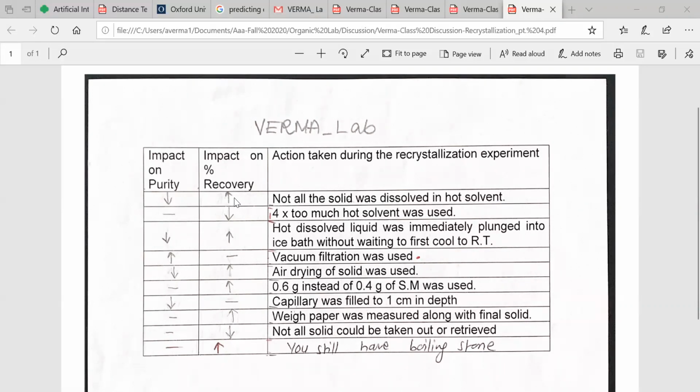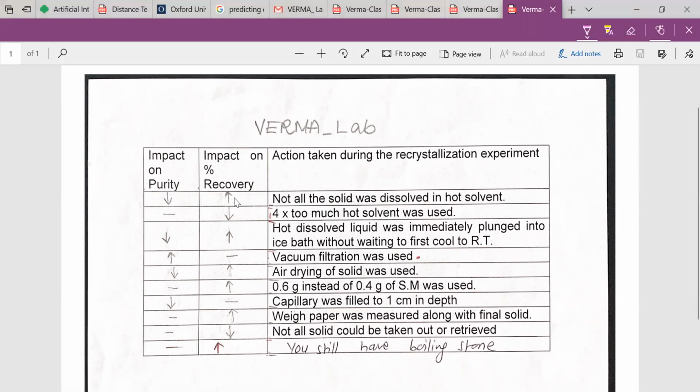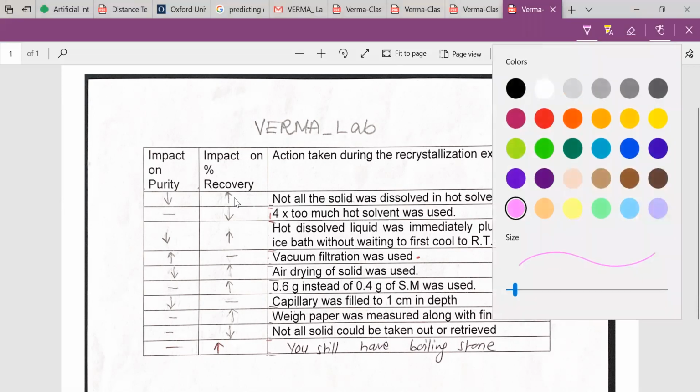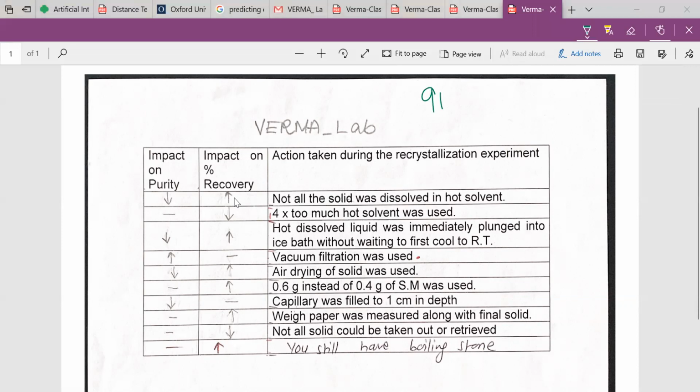So for example, if you have a material in which we have about 90% compound and 10% impurity, when you recrystallize this out, you expect 90% from the starting material. So if you started out with 1 gram, you expect to get 0.9 gram. This is what your expectation is.